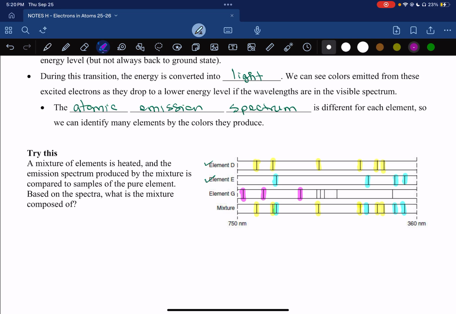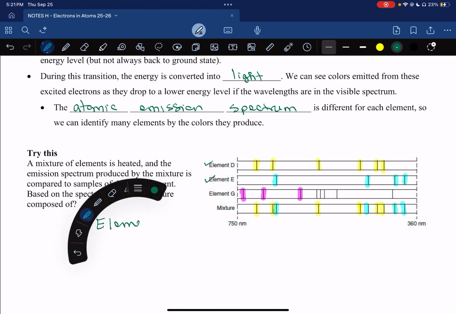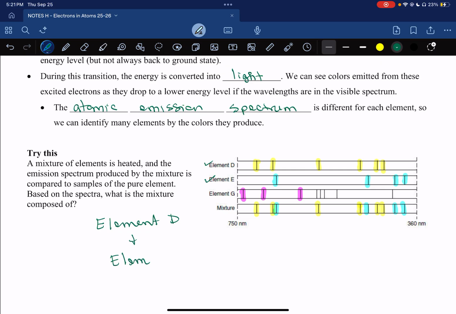It has to have all of the fingerprints, or all of the spectral lines. So that's the point. We would say that element D and element E are in our mixture.